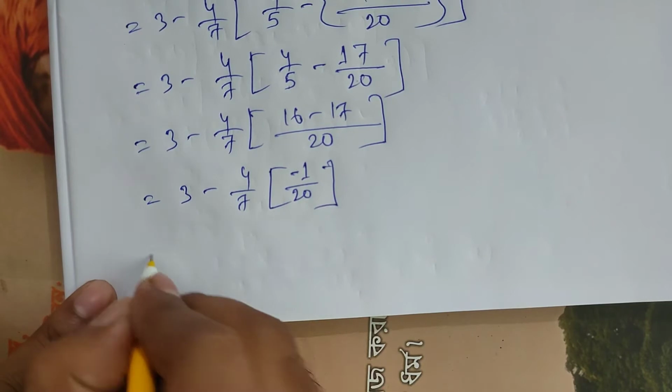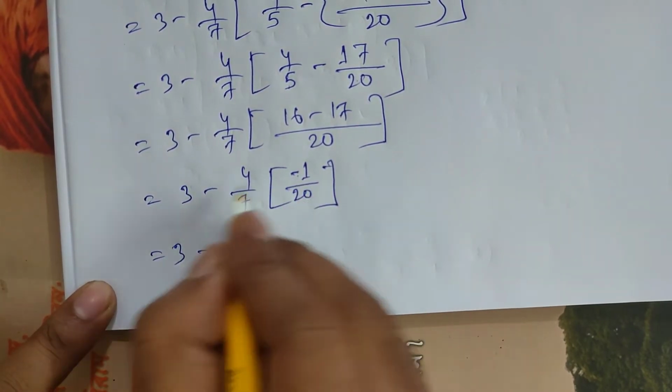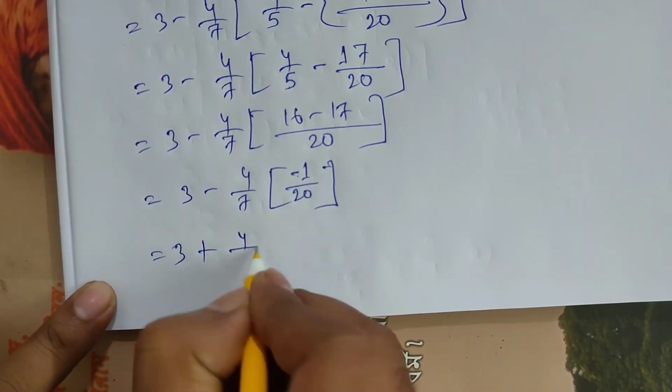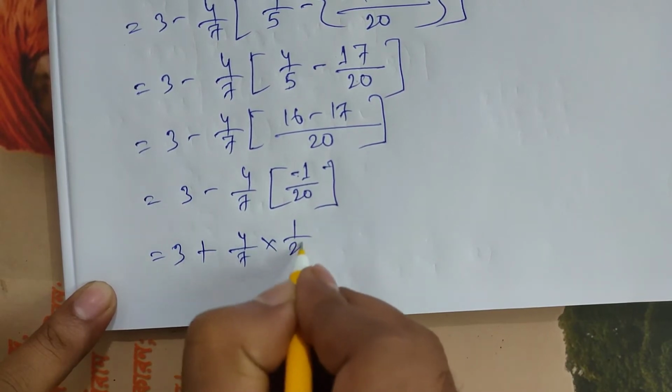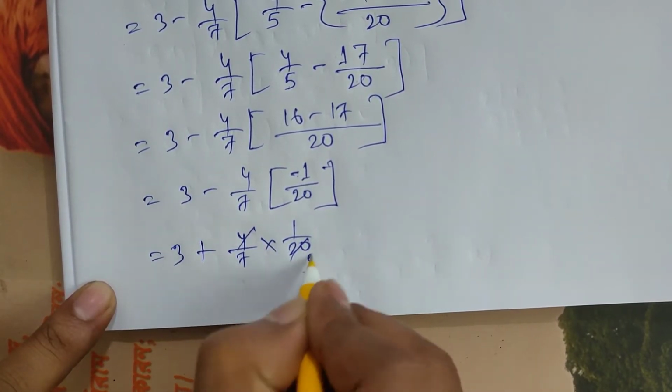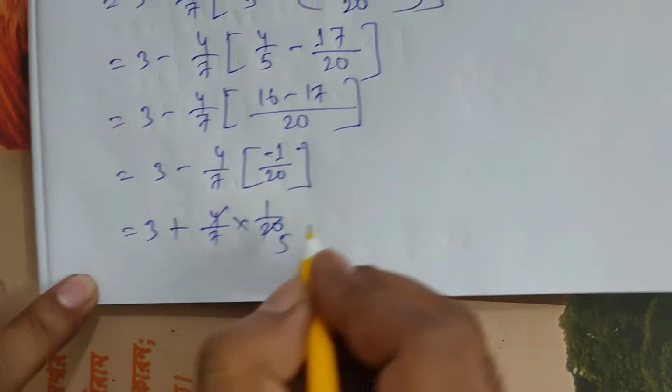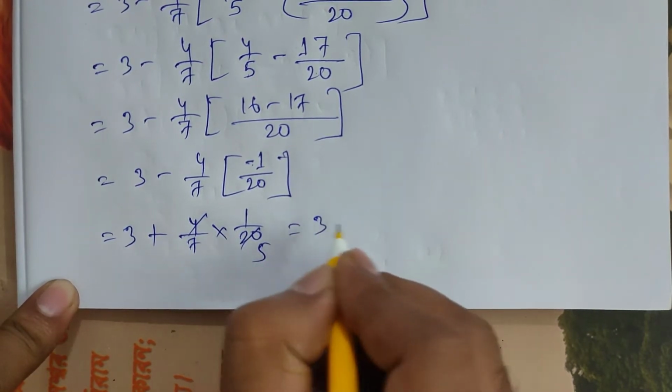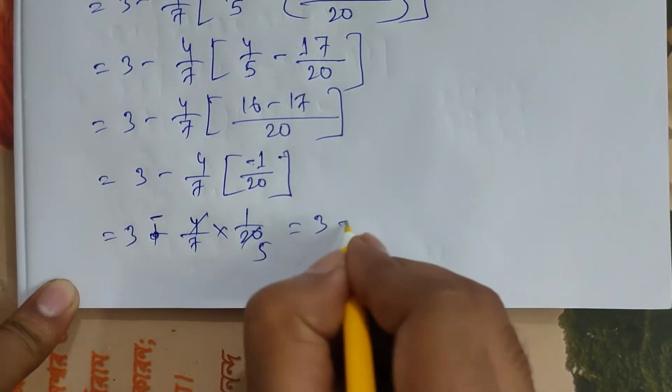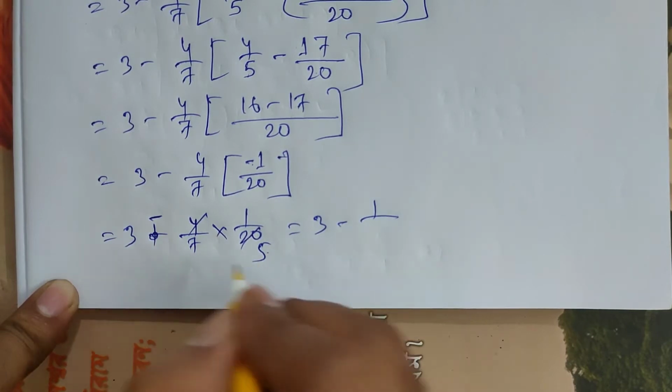Next 3 minus, and minus, it will be positive, 4 by 7 multiply 1 by 20, 4 fives are 20, that means it will be 3 minus 1 by 5 sevens are 35.